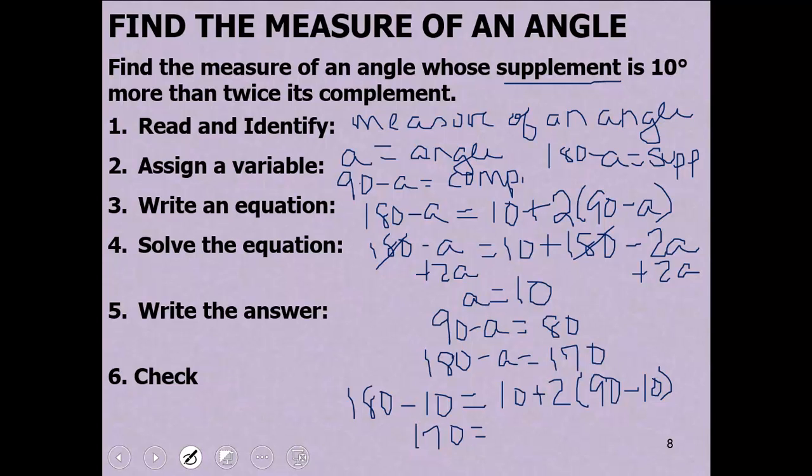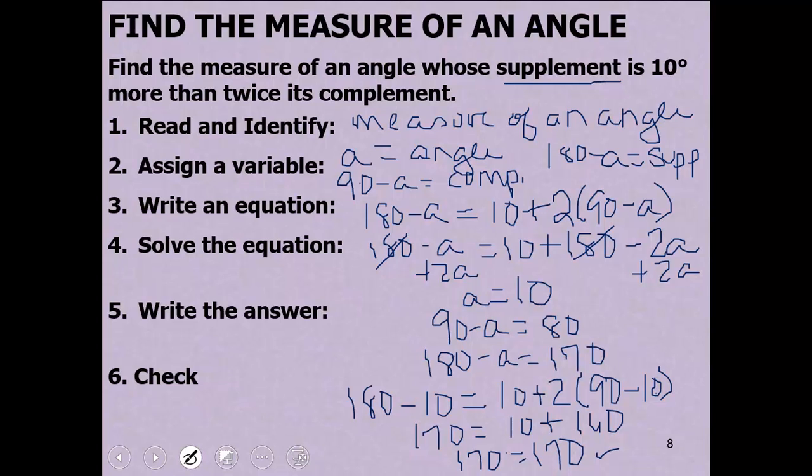And then this is 90 minus 10 is 80 times 2. So this becomes 10 plus 160. So I get 170 equals 170, and it checks. So find the measure of an angle whose supplement is 10 more than twice its complement.